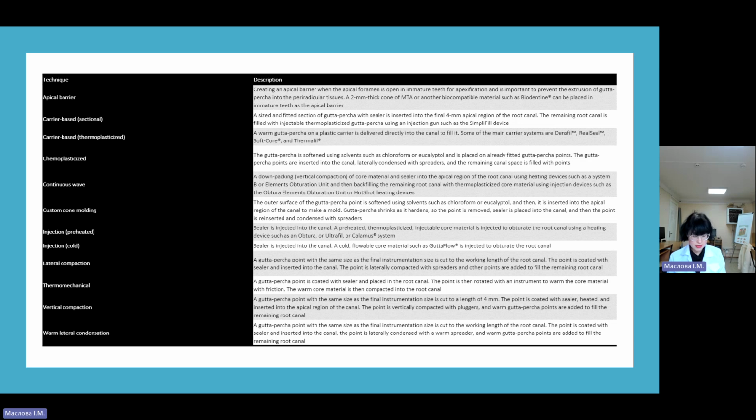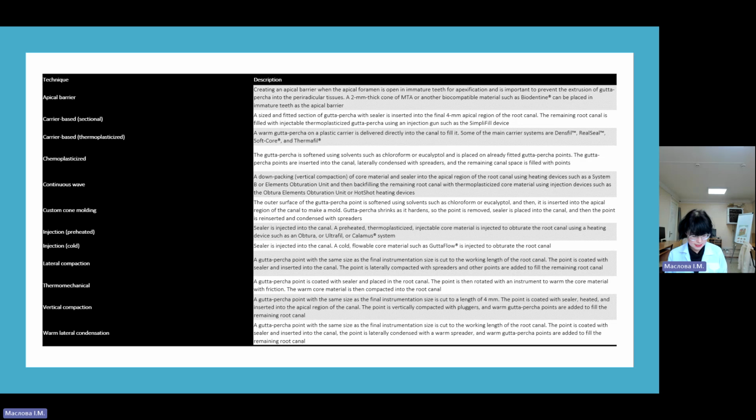It is used with a single master gutta-percha cone without mechanical compaction, although lateral or vertical condensation is acceptable. It flows into lateral grooves and depressions in the apical region of root canals.